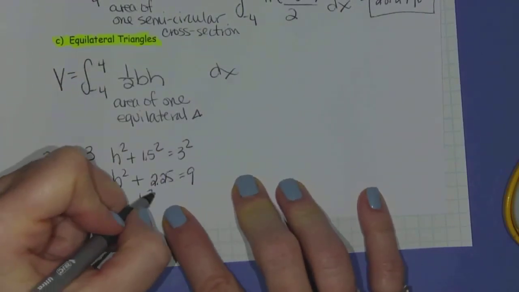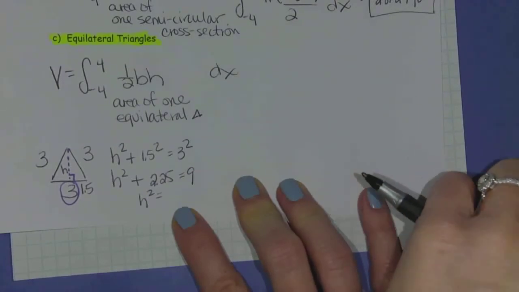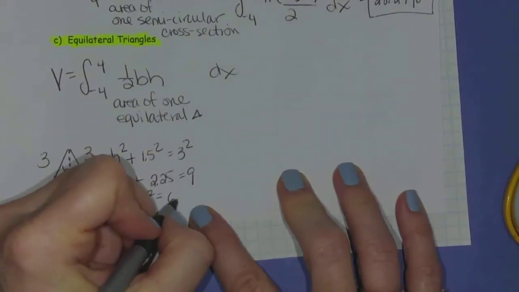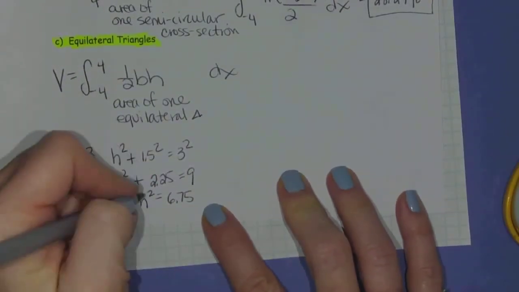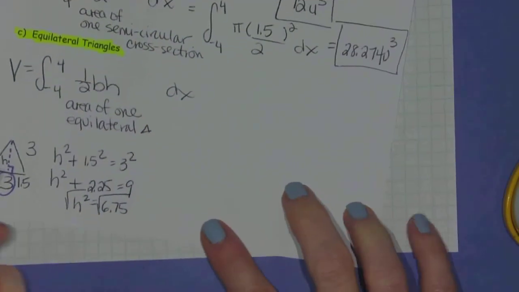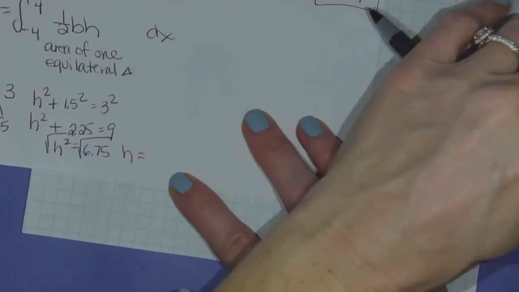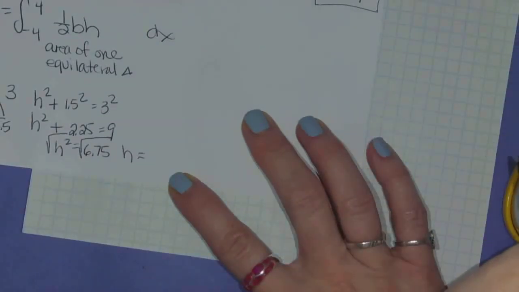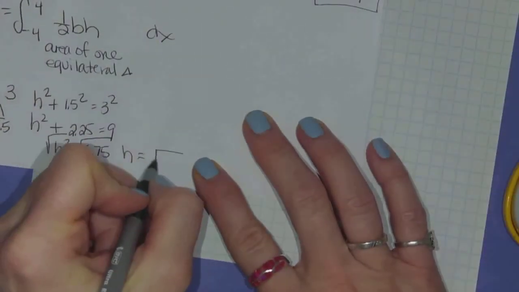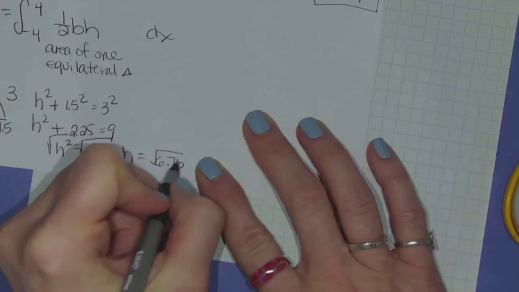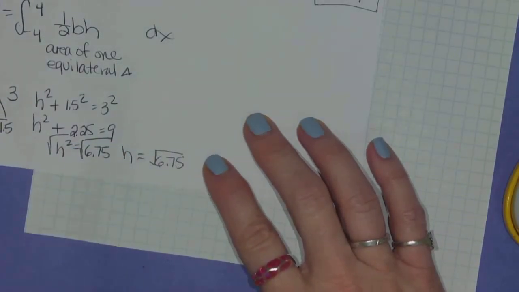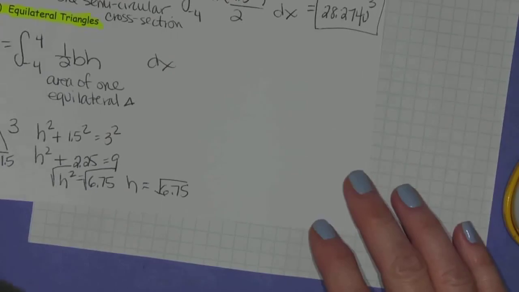And then subtract: 9 minus 2.25 is 6.75. And so the square root of 6.75 will give me h. Let's see how ugly that is. It's ugly, so I'm probably going to leave it under there. Okay, square root 6.75 is my height.